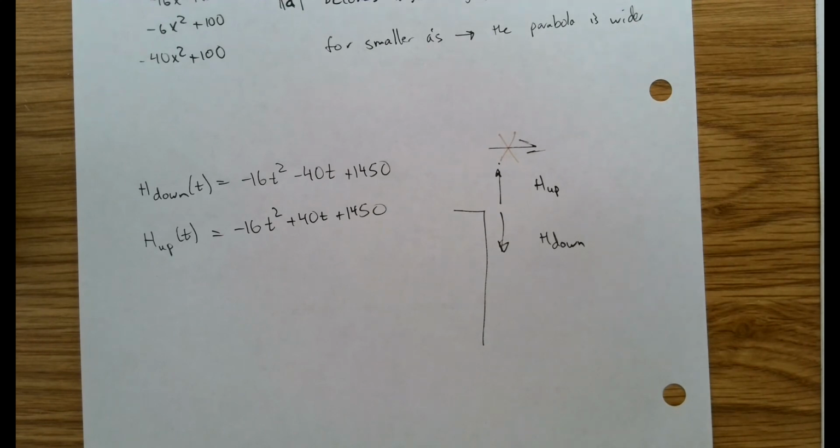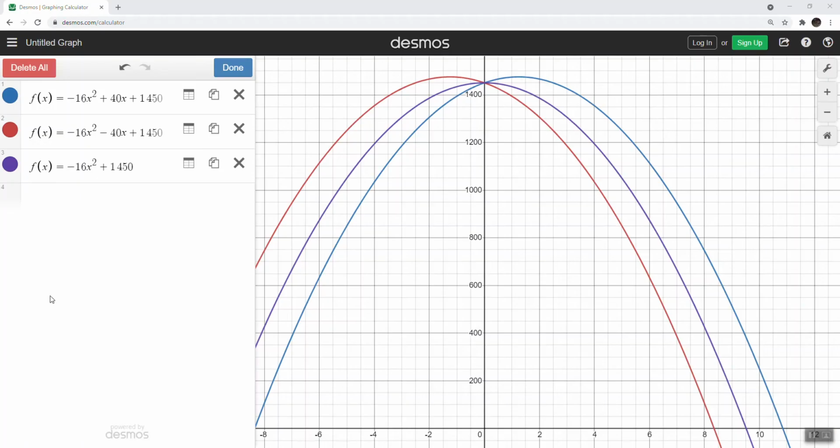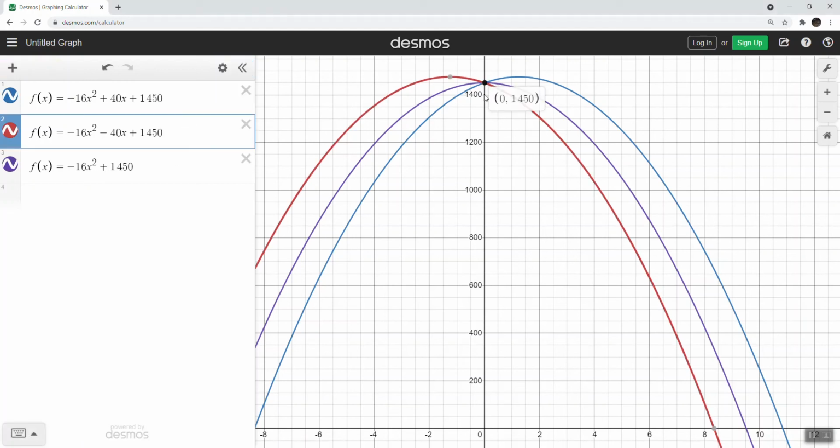It turned out, really, all the textbook wants us to note is in the blue line there. When B was 0, our height was on the y-axis. It was the y-intercept.